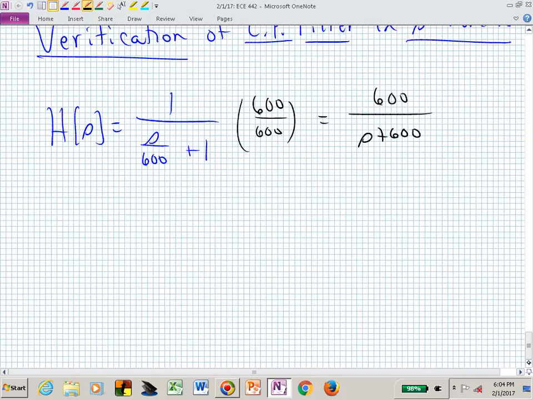If I'm sketching a Bode plot, I first need to know where do I start my magnitude response. If this is a low-pass filter, what's one of the key pieces of that magnitude response? Or where am I interested in a value?